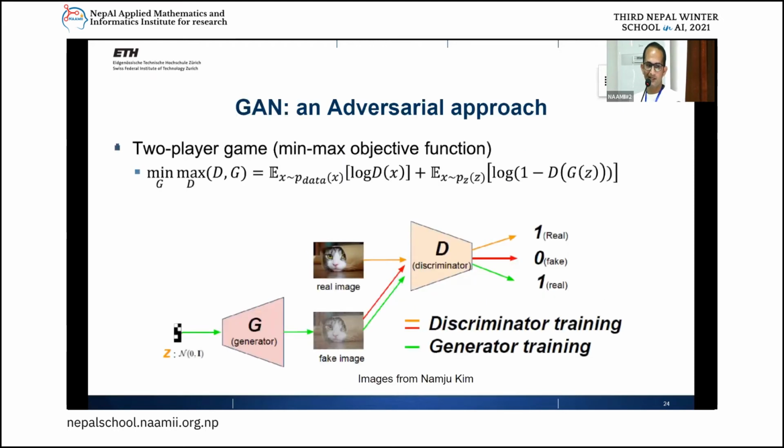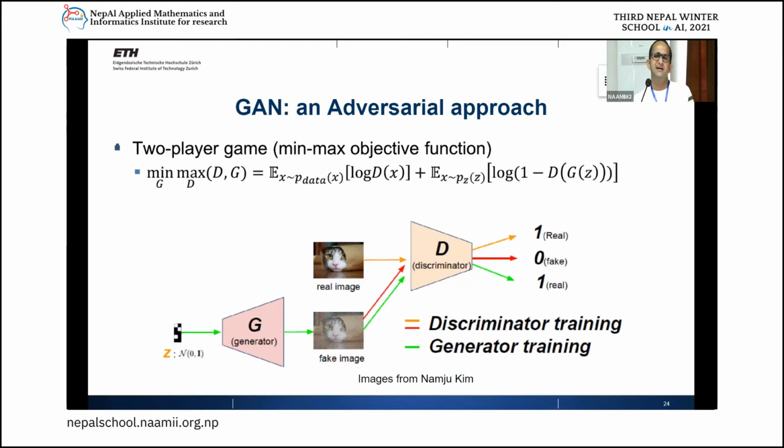So this particular slide you might have seen in many places. It's a two-player game. There is a generator that generates a fake image. Previously I told you that it's going to take a label, but you may not even have a label. If you do not have a label, you make up a label.